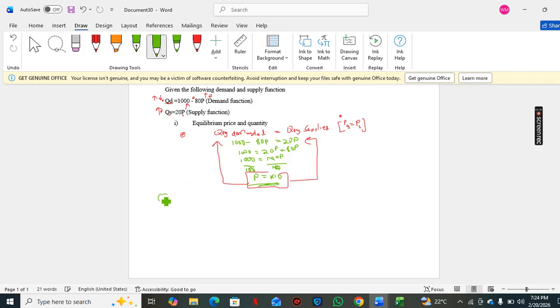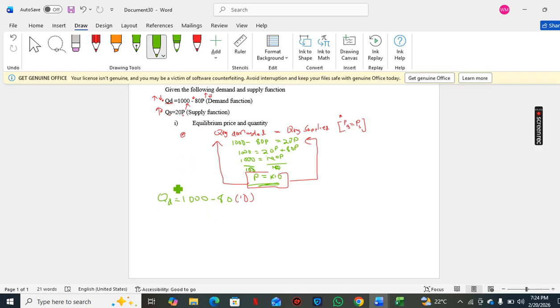If you substitute P equals 10 in the demand function, you have 1000 minus 80 times 10. 80 times 10 is 800.